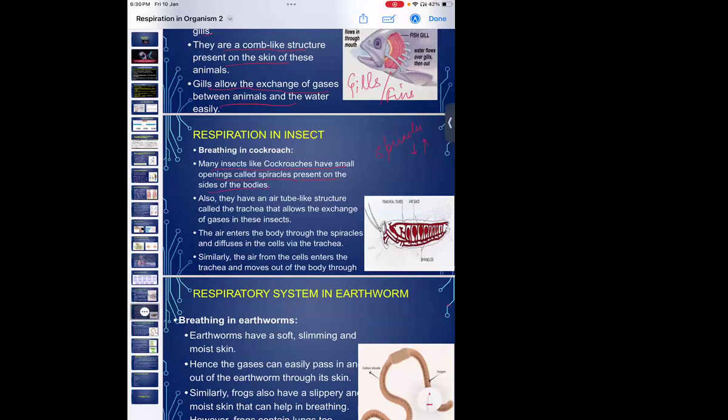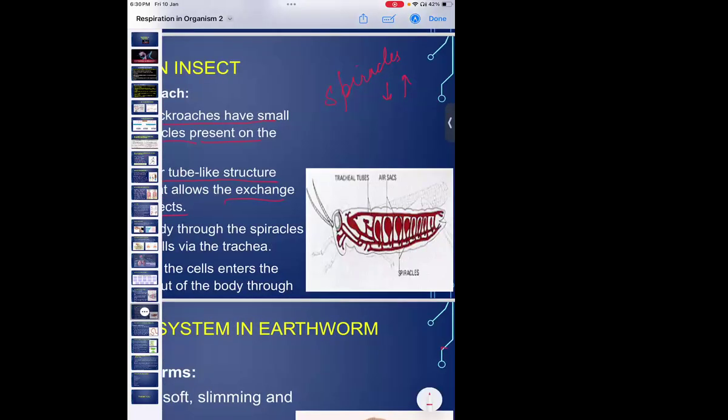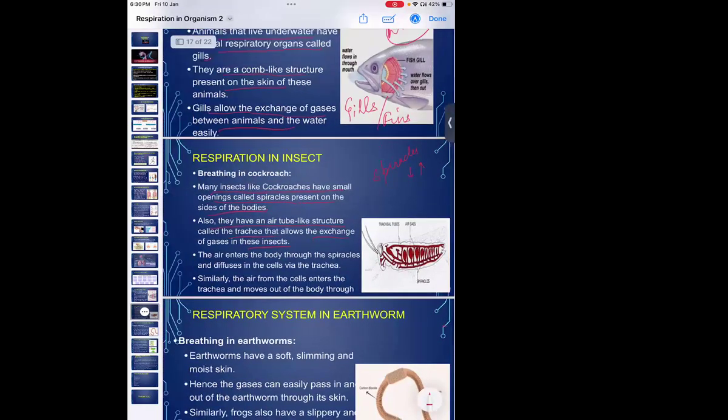Along with the spiracles, they have air tubes called trachea, with the help of which the exchange of gases happens. The air enters through the spiracles and goes all over the body. Similarly, air from the cells goes outside through this trachea only.